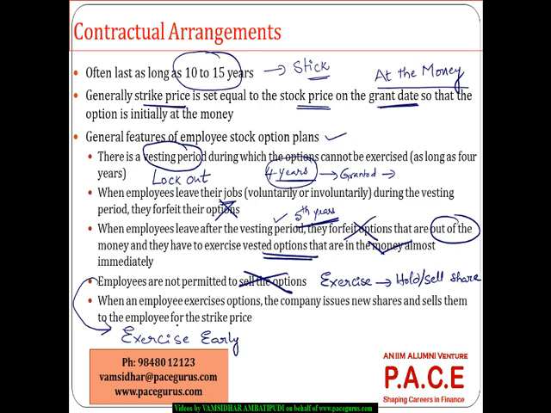The only thing I may have to do is buy the underlying share and either hold it or sell it. When the employee exercises the options, new shares are issued by the company and sold to the holder of the option at the strike price, which in general is lesser than the spot price of that share in the market at that point in time.